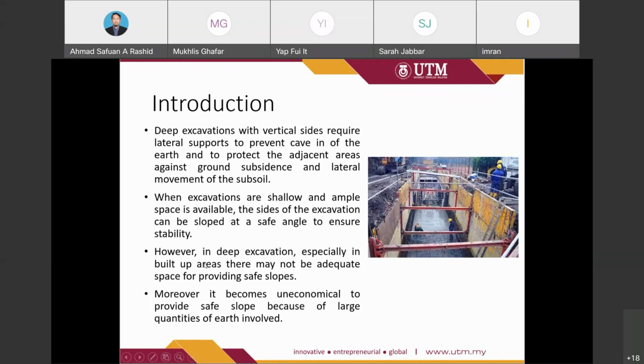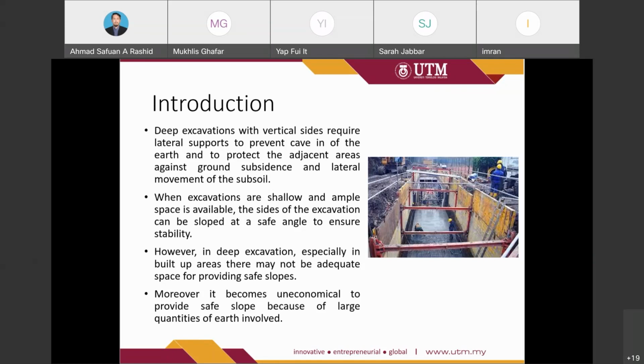However, in deep excavation, especially in built-up areas, there may not be adequate space for providing a safe slope. Moreover, it becomes uneconomical to provide a safe slope because of the large quantity of earth involved.